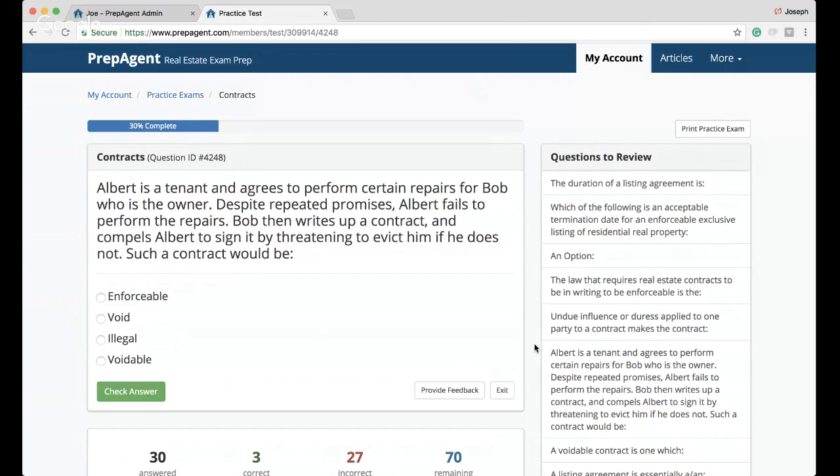What do you guys think? The word that should have popped out to you is right here, threatening. And before, we went over that other example when I said, have your gun to your head, buy the house. Well, same deal here, except now we're talking about a lease. We're not talking about buying a property. Making the answer voidable.